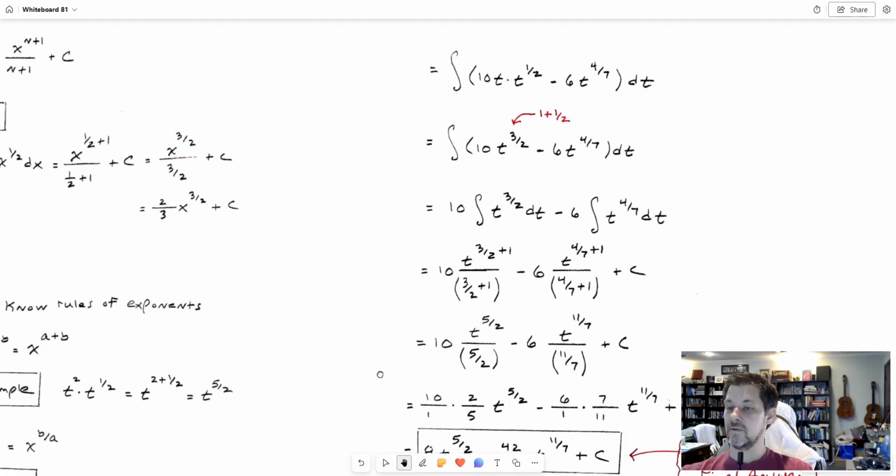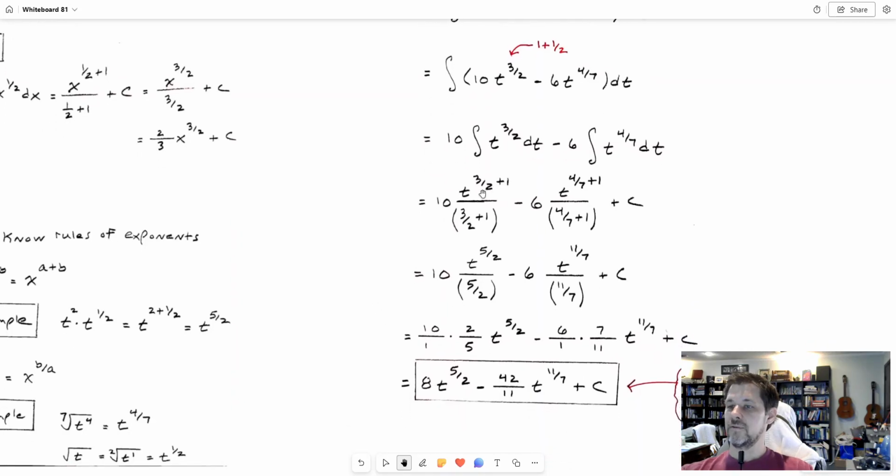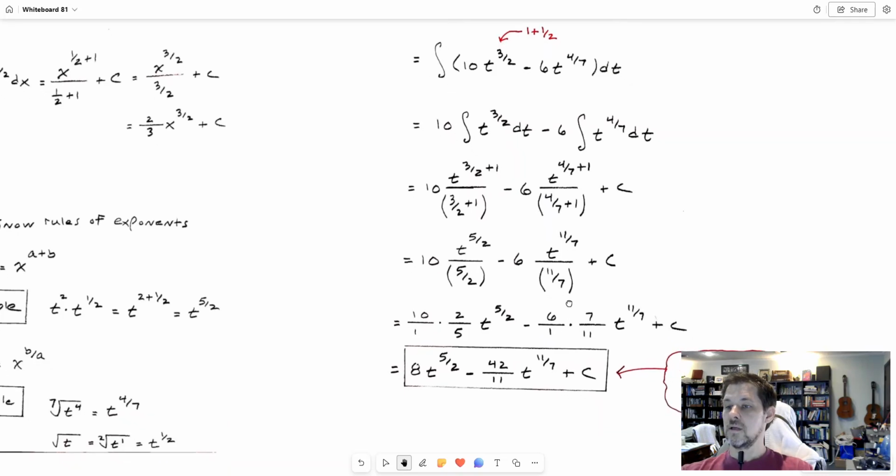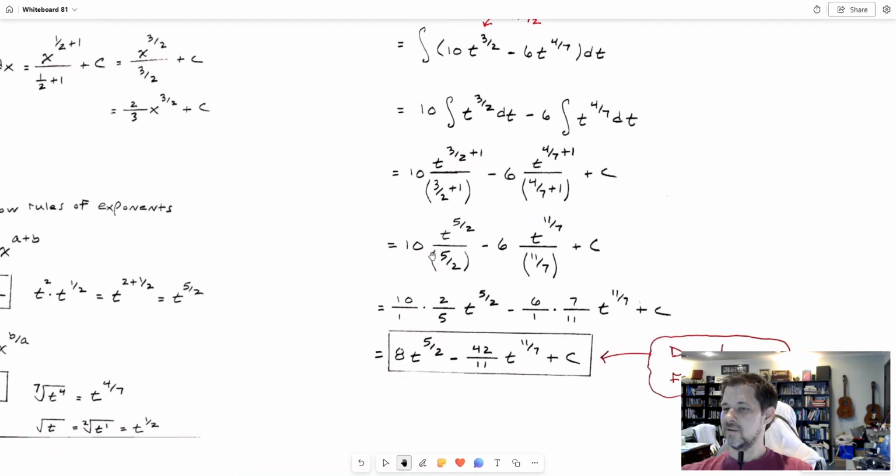Okay. Now, 3 over 2 plus 1, that's 5 over 2. 4 over 7 plus 1, that's 11 over 7. And then, in a final step, remember over here I said, well, what does it mean to divide by a fraction? So I see right there I'm dividing by 5 over 2. And right here I'm dividing by the fraction, 11 over 7.